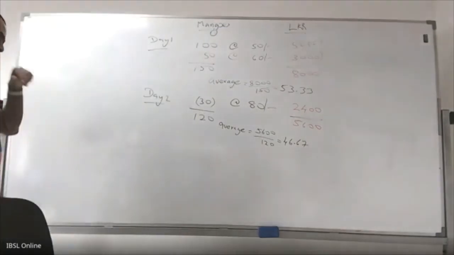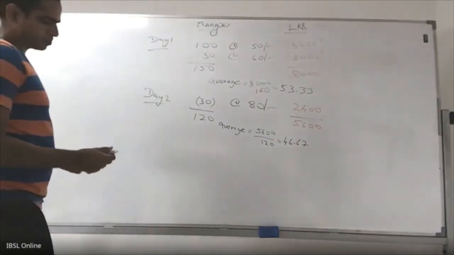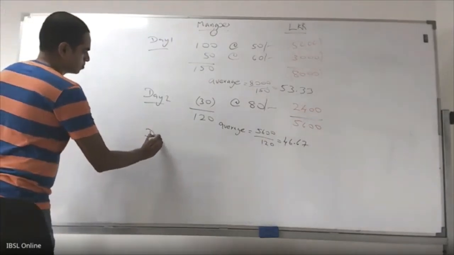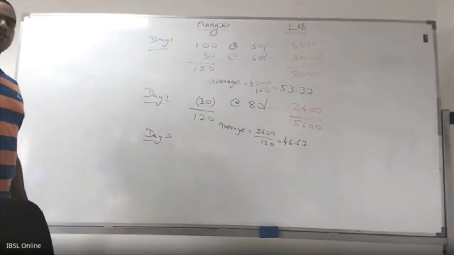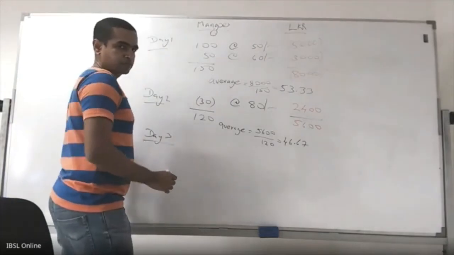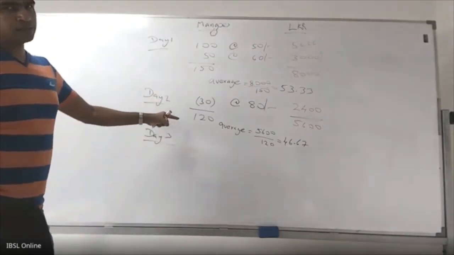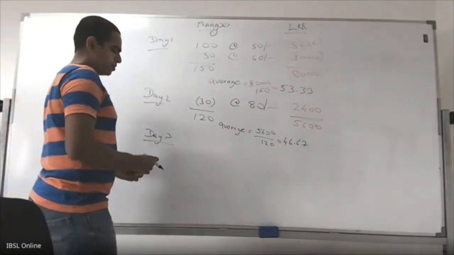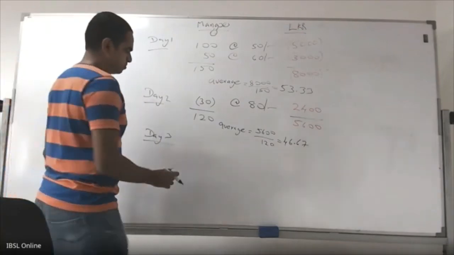Right. Now let's say the next day nothing happened. Day 3, nothing happened. Right? And the price of a mango in the market closed at, let's say, 100 rupees. If it closes at 100 rupees, your unrealized profit, how do you calculate? Closing price of a mango is 100 rupees the next day.